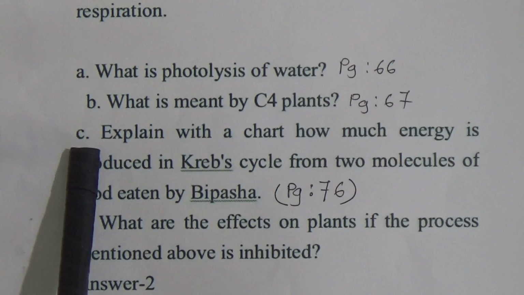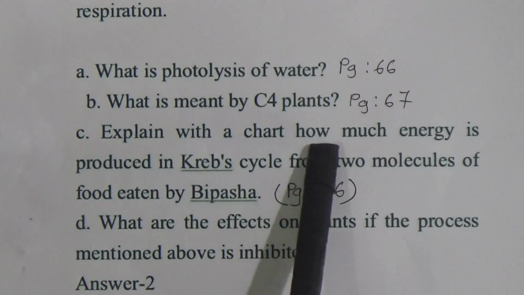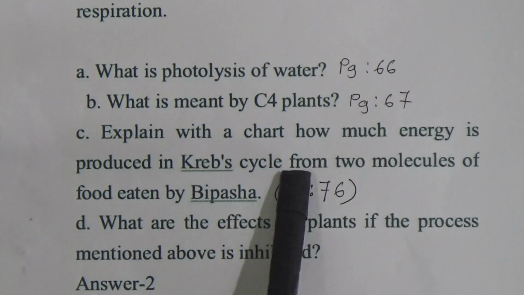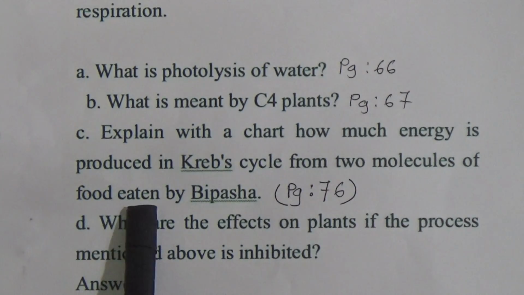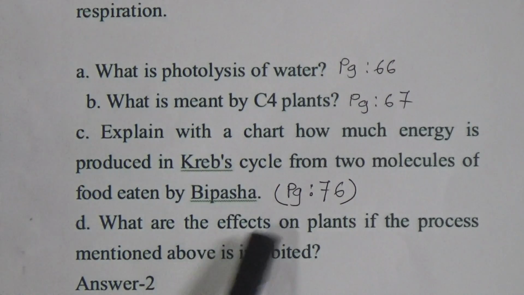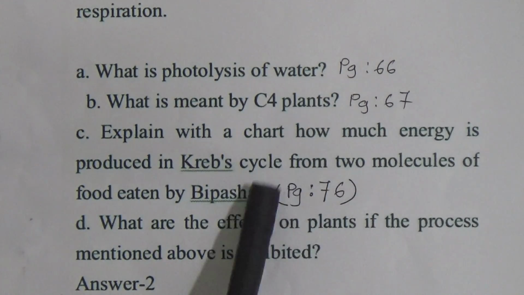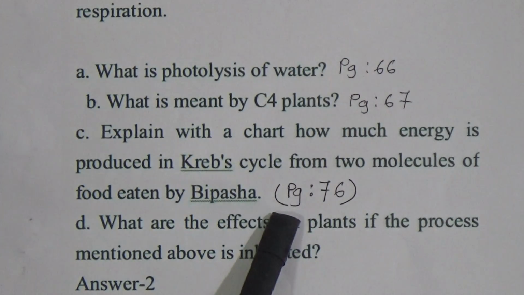Now come to C. Explain with a chart how much energy is produced in Krebs cycle from 2 molecules of food eaten by Bipasha. Dear students, for the answer you have to follow page number 67 of your textbook. There is a chart given, the total chart with the introductory part.